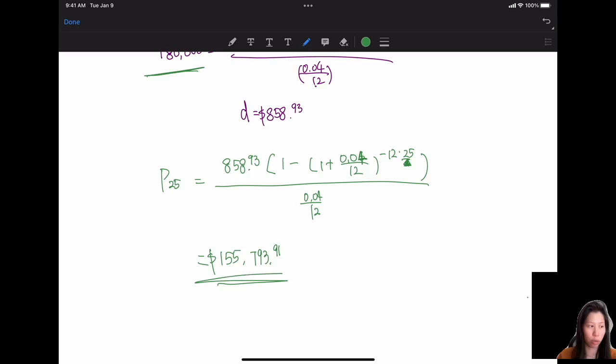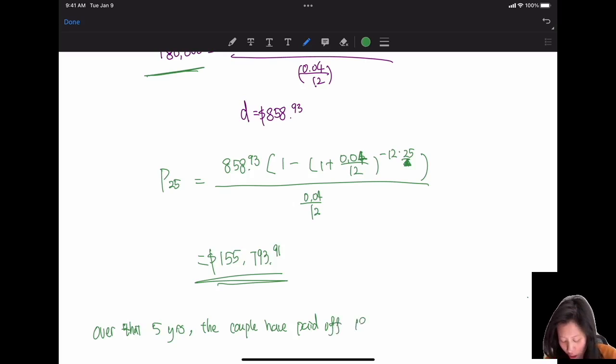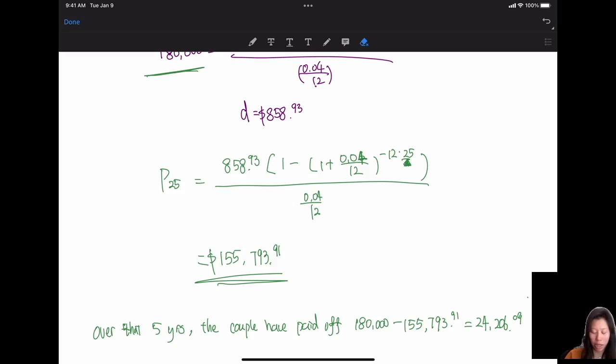So that means over those 5 years, the couple have paid off 118,000 minus $155,793.91. That gives you $24,206.09 of the loan balance.